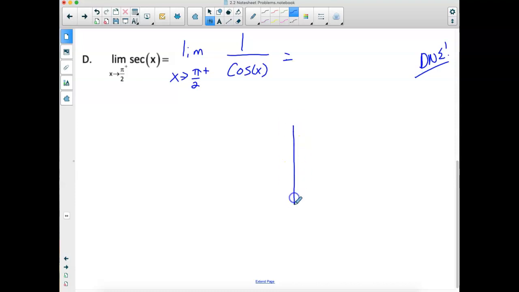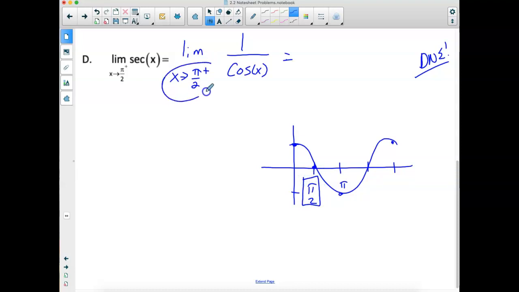Now what I need to remember is that if I'm approaching pi over 2, I can think of this two ways. Here's my pi over 2, pi, 3 pi over 2, and my cosine is going to go from 1 to negative 1, and I bebop down. I personally picture my graph for this guy. As I'm approaching pi over 2 from the right, that would be coming up here.